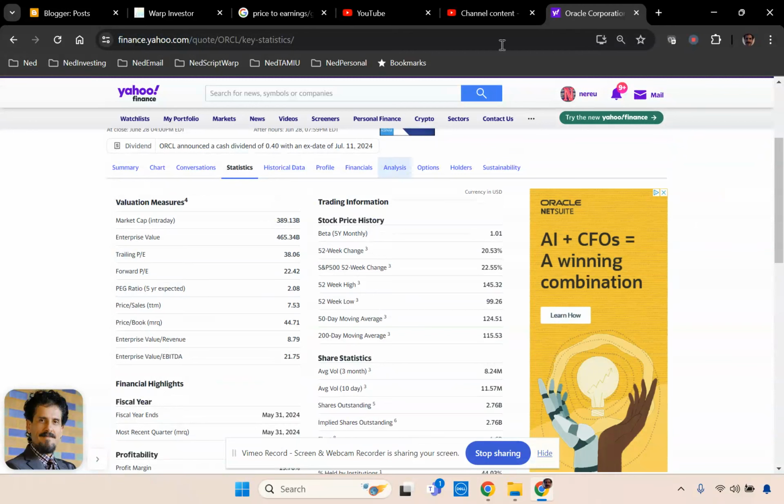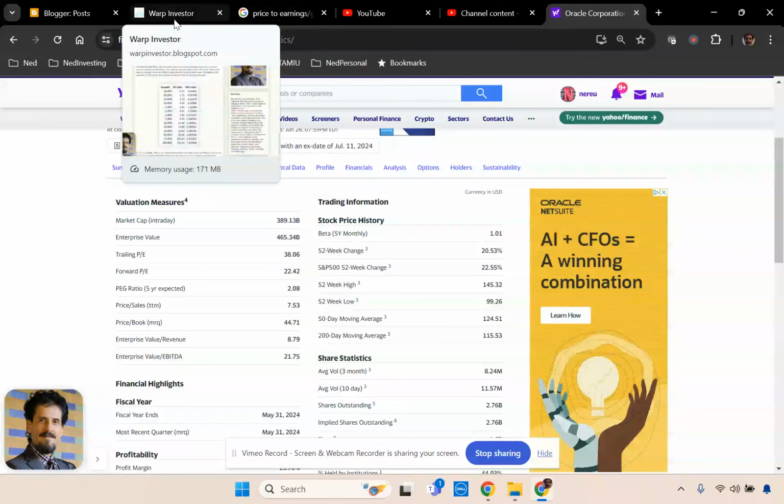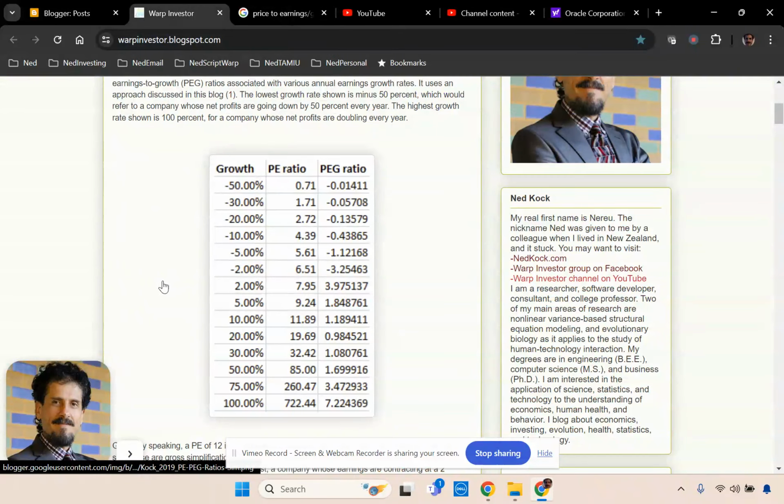So let's see if this is properly valued. 38, PAG 2. Let's go to our table. We have a PAG ratio of 2, which is okay, which reflects growth. And we have a PE ratio of 38, so it would be here.